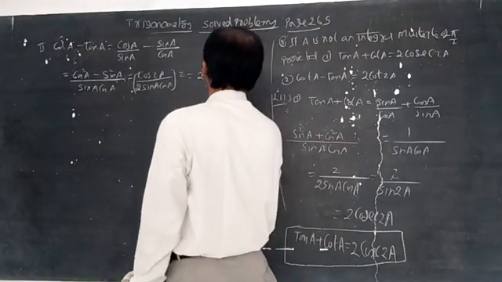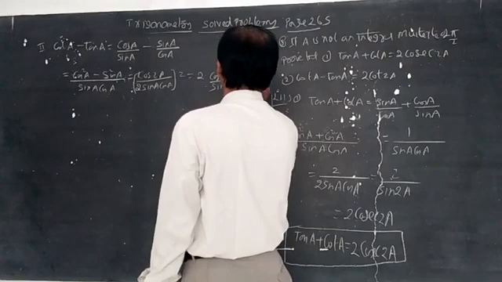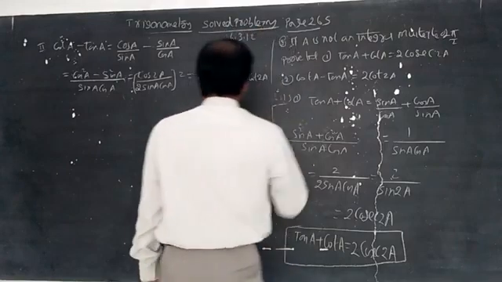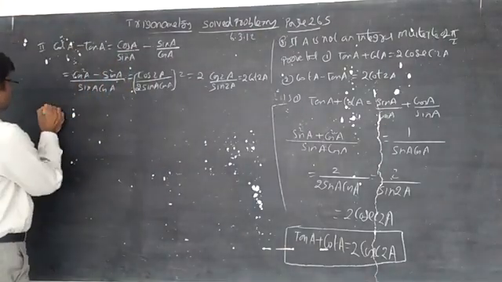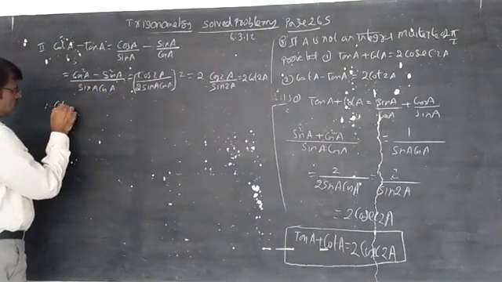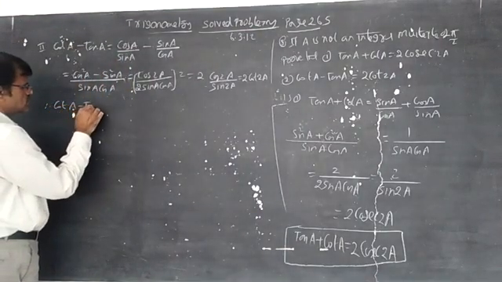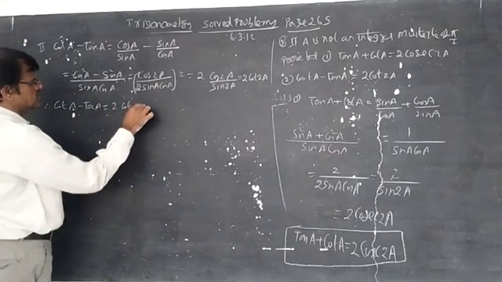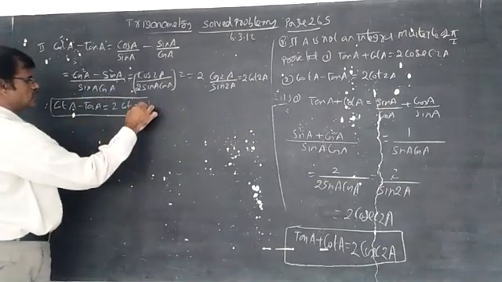Now you can understand that cos theta by sin theta is cot theta. So this is 2 cot 2A. Therefore, write the formula: cot A minus tan A is equal to 2 cot 2A.